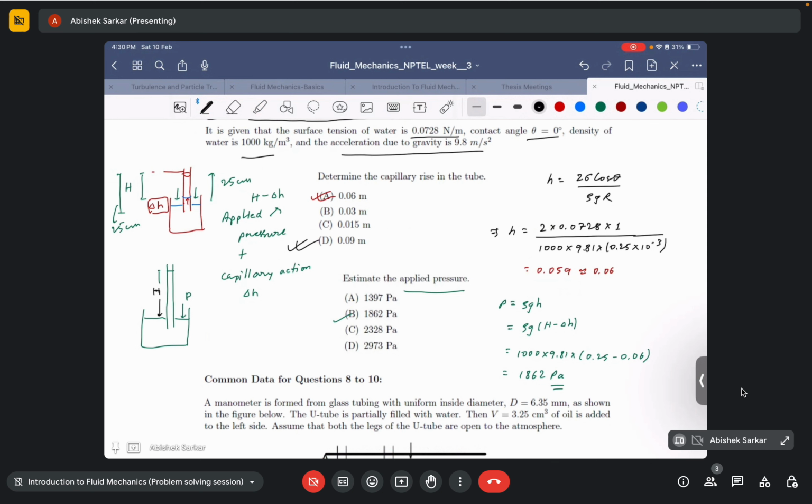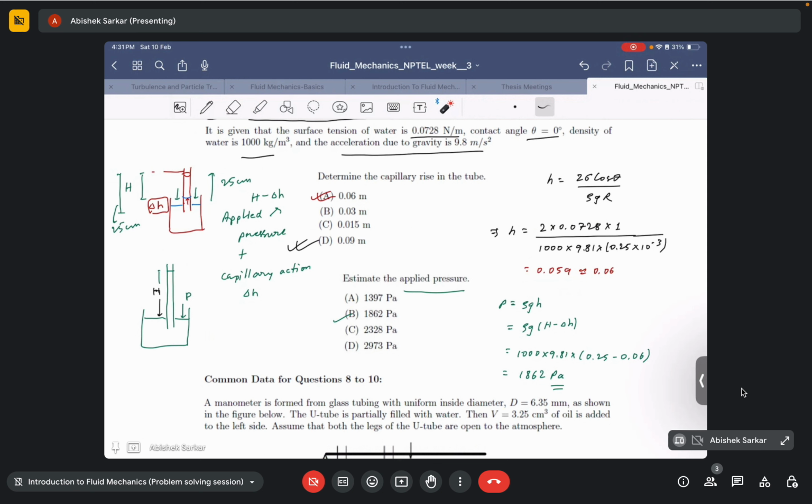It would obviously exist because there are adhesive forces between the liquid and the glass molecules, right? So there would be a certain level of capillary rise in the glass column. But as the diameter of your glass tube increases, the contribution in this height because of the capillary action is very small. Do you get it? Why?